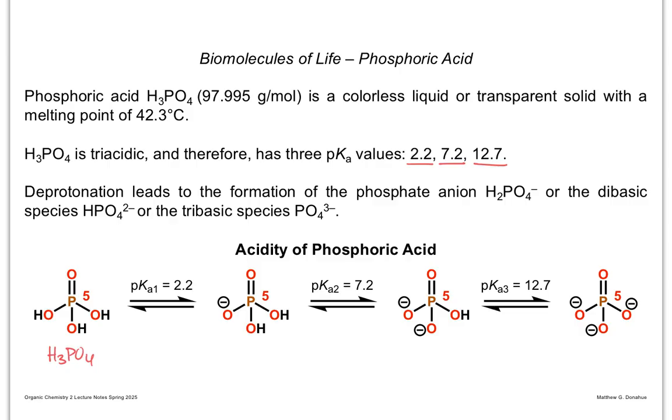So from 0 to 2.2, that's 2.2 pH units. Now the next span is 5 pH units. So it'll exist in this negative form until it hits 7.2, and then once you surpass that, you do the second deprotonation. Then it's a dianion. And then you're going to hit 12.7, you do the third, and that's when you get the phosphate. So now it's the trianion.